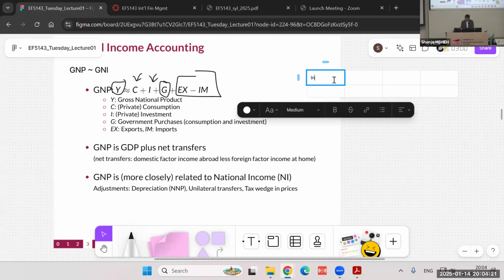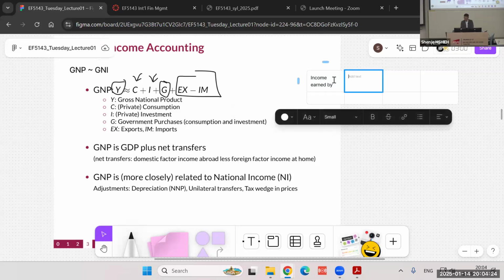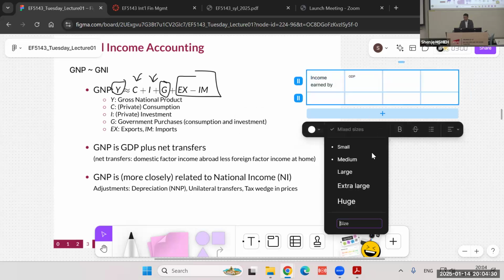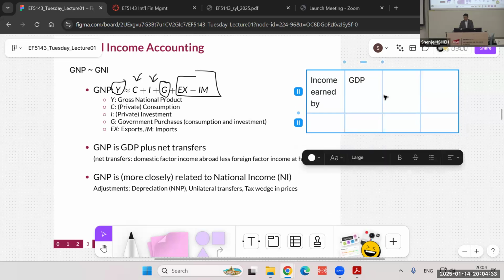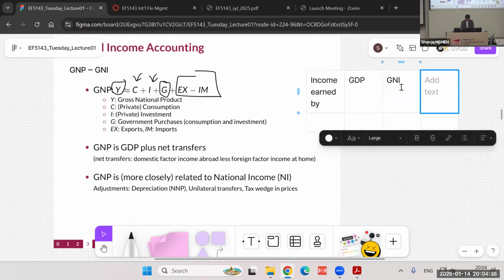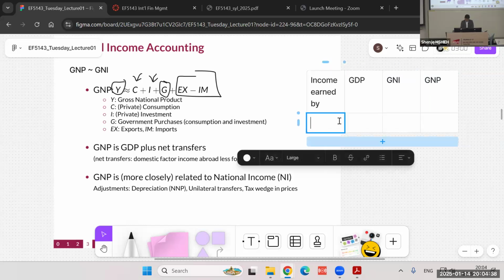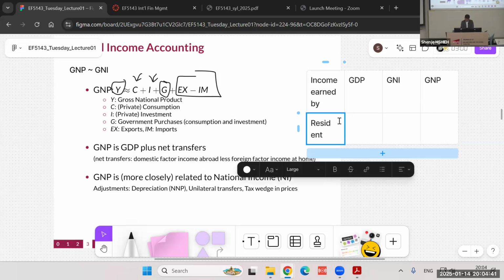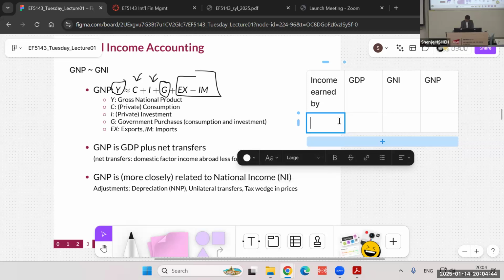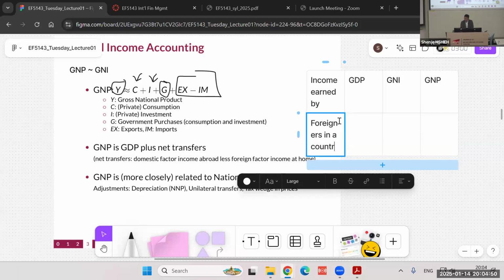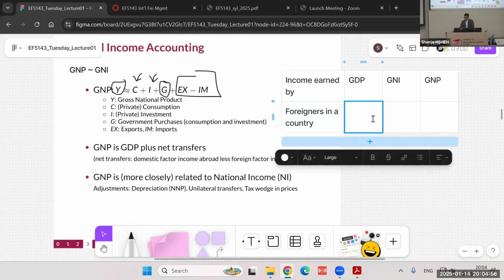Income earned by GDP: medium. GNI, GNP: pretty large. So what's this? Foreigners in the country. Okay, cool. GDP includes income that's earned by foreigners in a country.